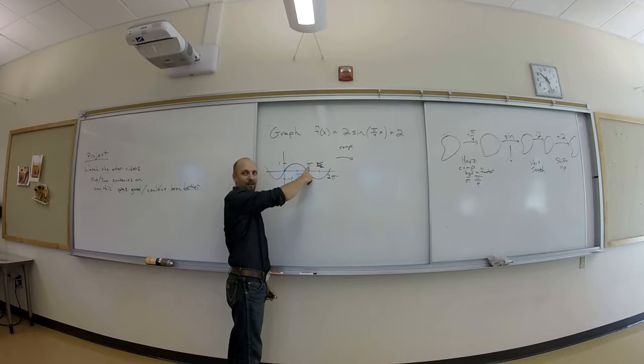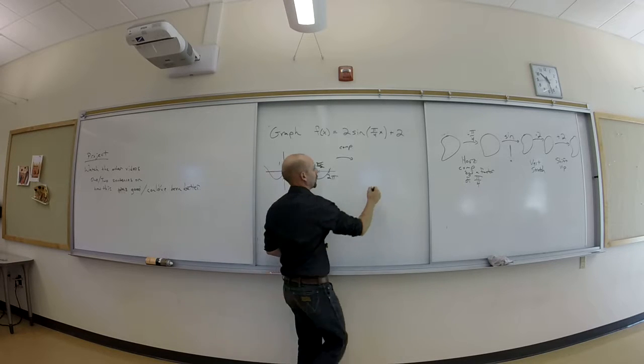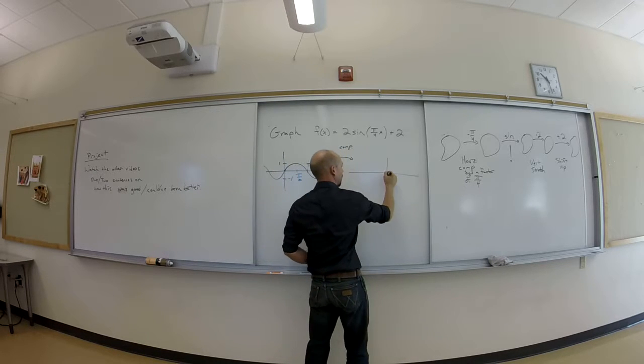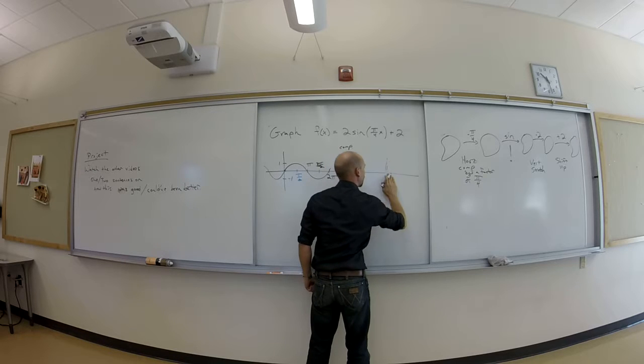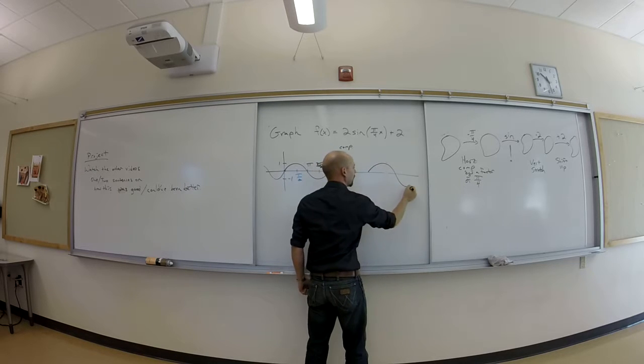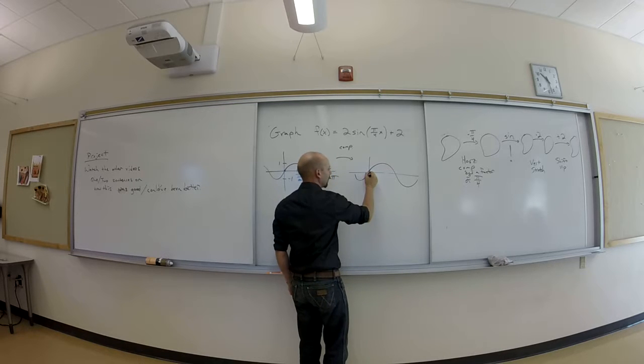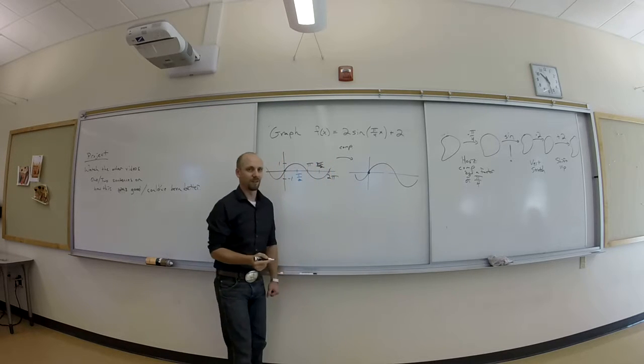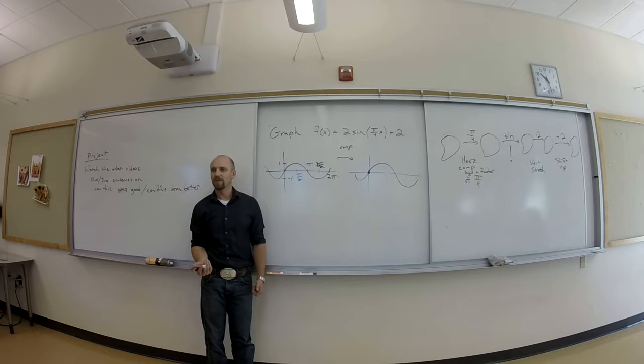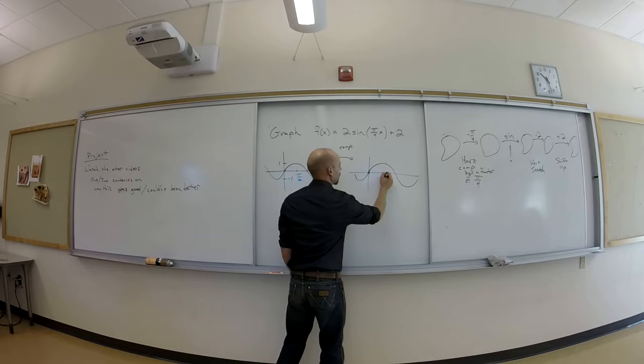Zero's not moving. So what am I doing with this? I should be adjusting the labels on the x-axis, right?